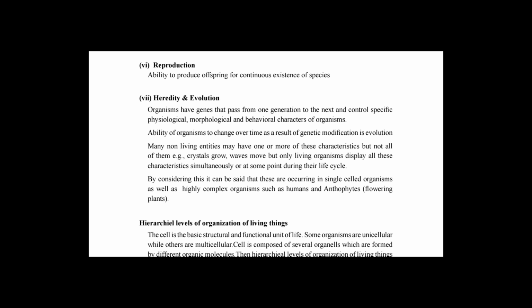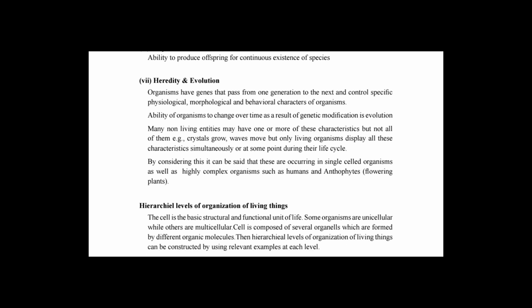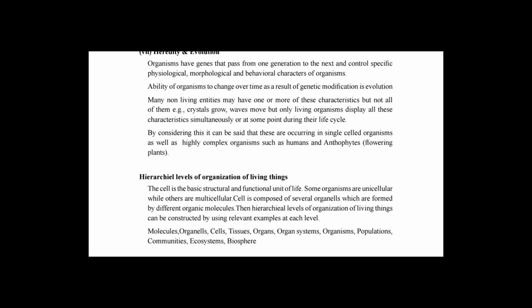So here they say these genes pass from one generation to the next generation and they control these specific physiological, morphological and behavioral characteristics of organisms, okay. And then they have given a definition for evolution: the ability of an organism to change over time as a result of genetic modification is evolution, okay. Remember this definition as well.